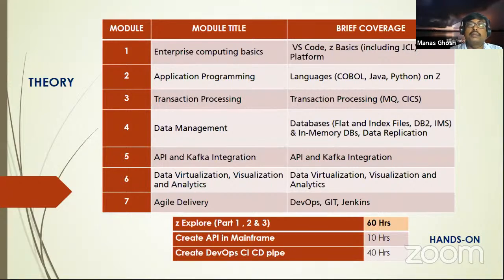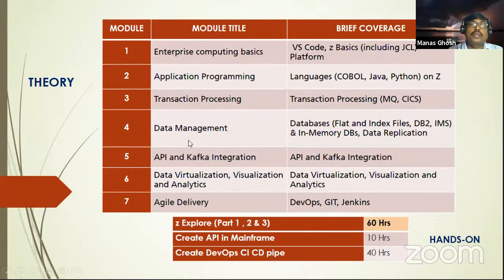Second module is application programming, where we cover COBOL, Java, and Python in System Z. Then the transaction processing, that is the main important part, which includes MQ and CICS also.